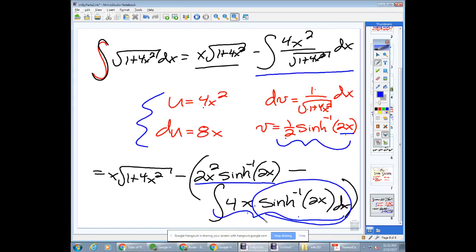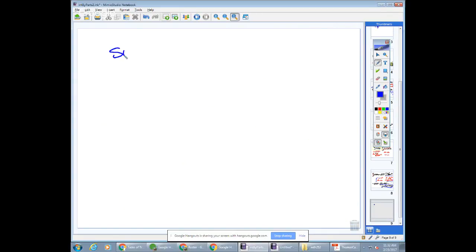Remember we had to solve with logarithms, and we ended up with, my recollection, I have to look this up to double check, that the sine hyperbolic inverse of x is the natural log of the absolute value of x plus the square root of x squared plus 1.